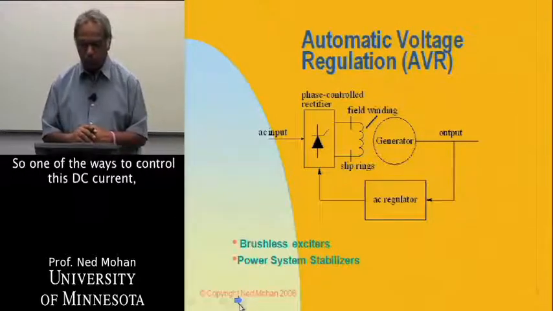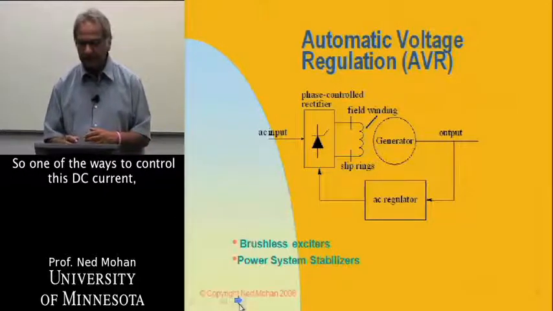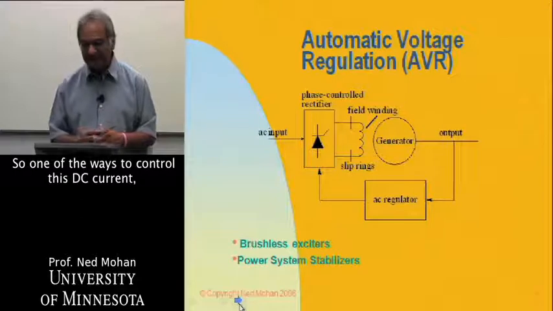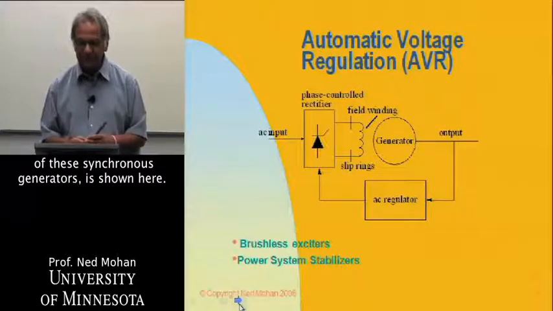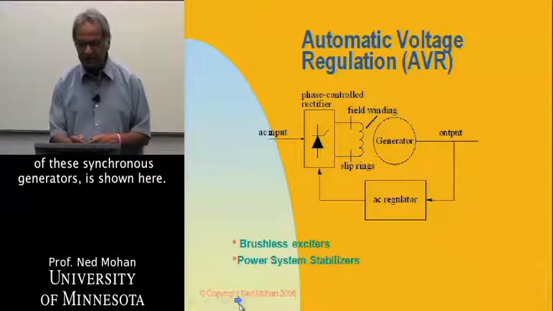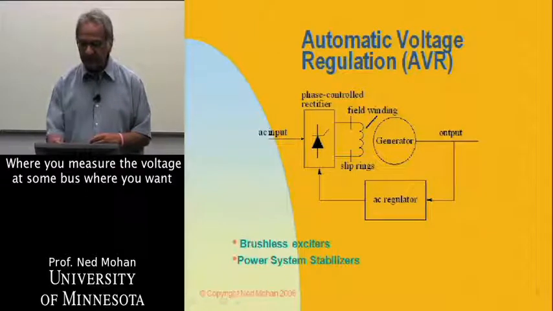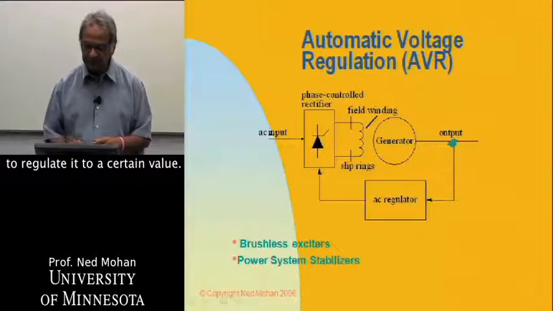or we can make them underexcited, in which case they draw reactive power. So one of the ways to control this DC current, and therefore the excitation of these synchronous generators, is shown here, where you measure the voltage at some bus where you want to regulate it to a certain value.